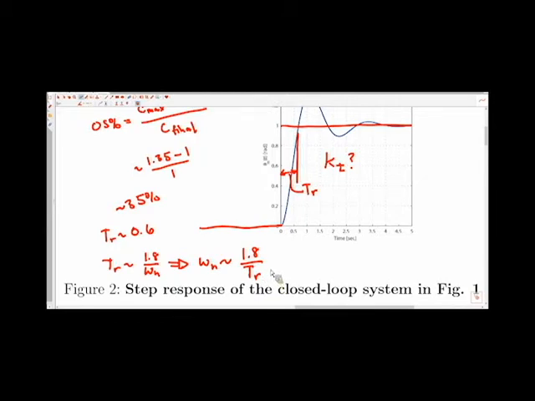And so we said that the rise time measured from this plot was approximately 0.6, so we'd say then the natural frequency is approximately 3 radians per second. Any questions about that idea in terms of how, if we see a response from a system, we can start to understand some of these metrics in terms of either damping or natural frequency, etc.?